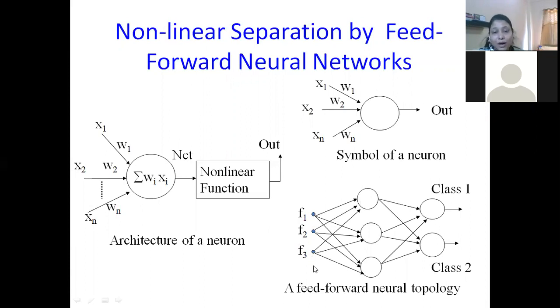This is what we call the input layer. This is the hidden layer, that means the intermediate layer between the input layer and the output layer. And finally this is the out, which we are calling the output layer. So all the links are coming forward from the previous node to the next layer node.